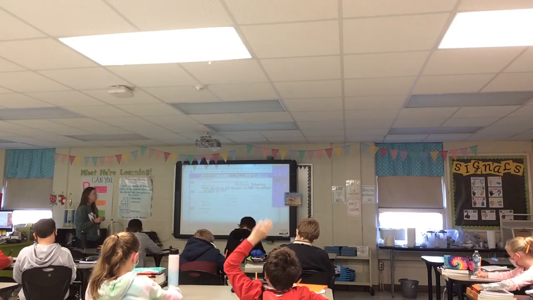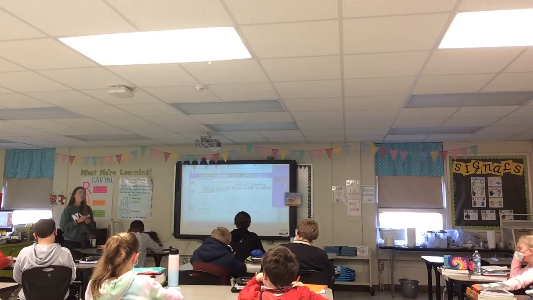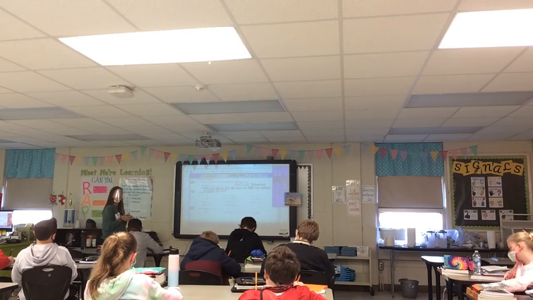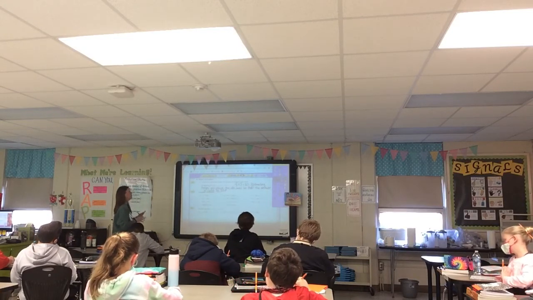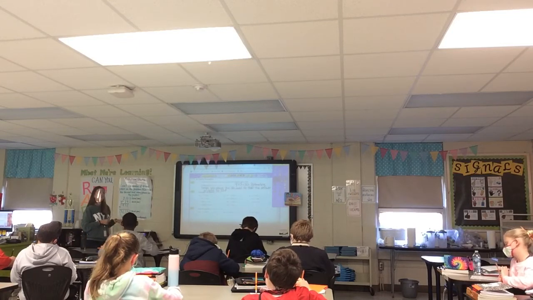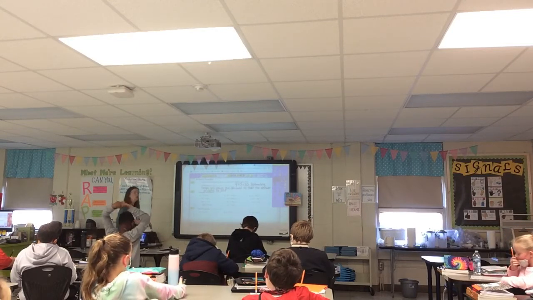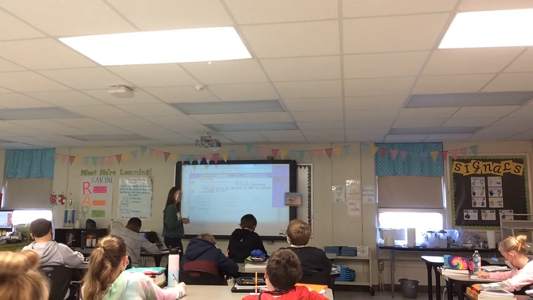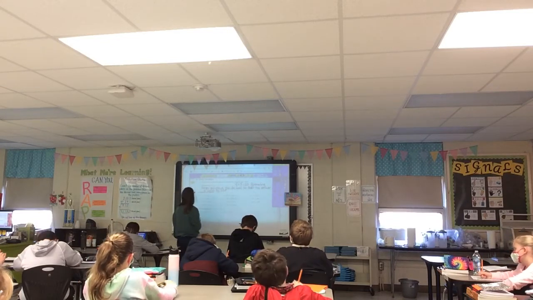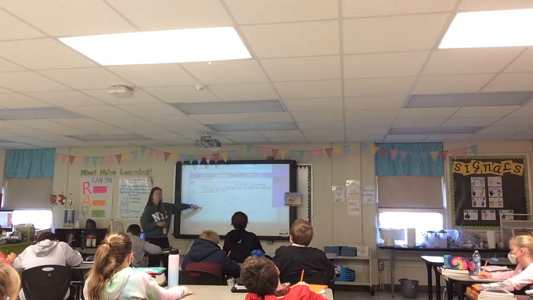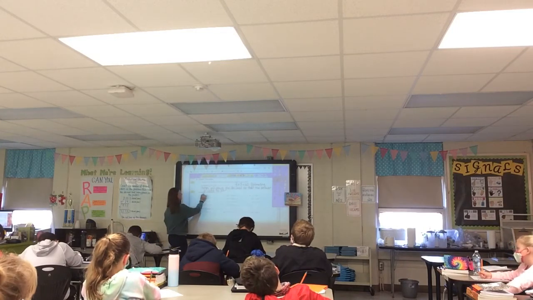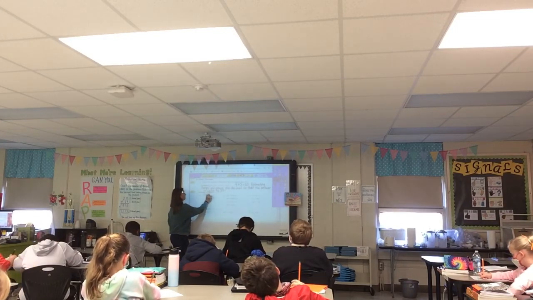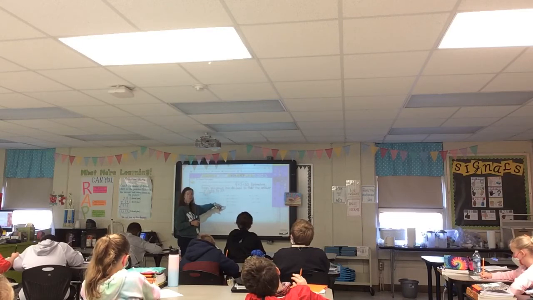Alright, 2, 3, and 4, you are completing the pattern. So this was the lesson where you either move the decimal to the right or to the left. So increasing powers of 10, you're moving your decimal which way? To the right, okay? So are these increasing powers of 10 on number 2? Yes, so move your decimal to the right. Are these increasing powers of 10 on number 3?